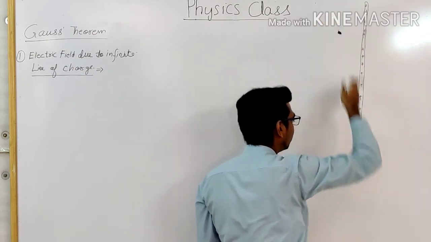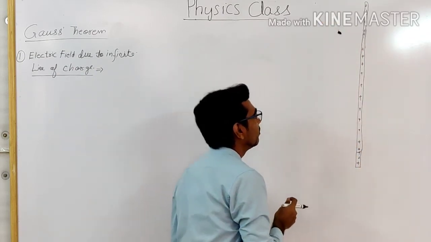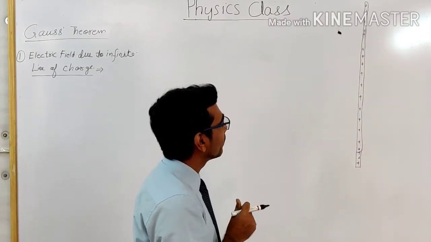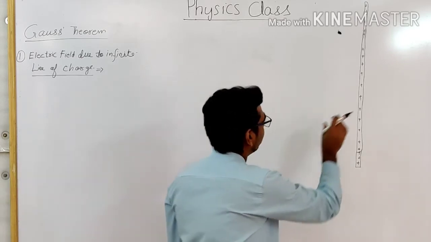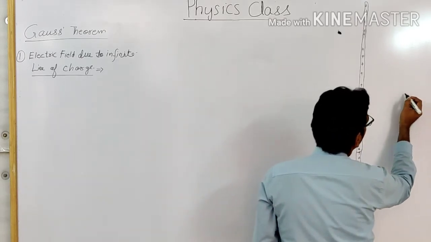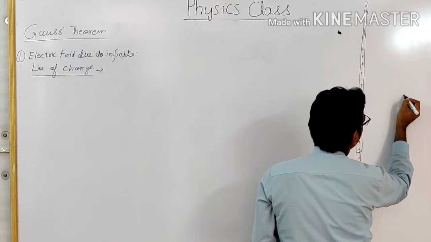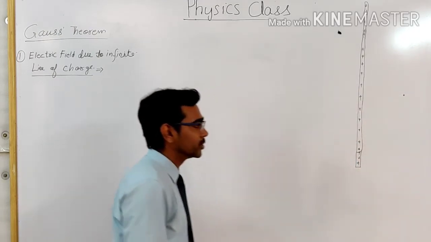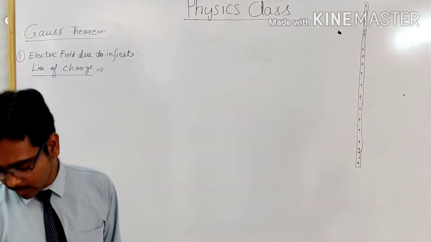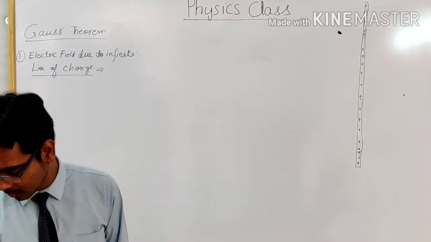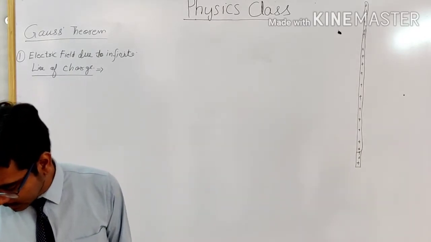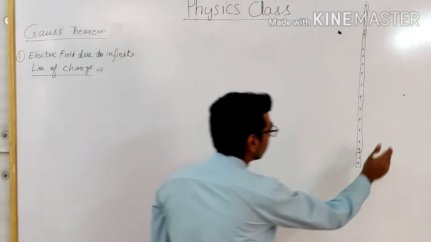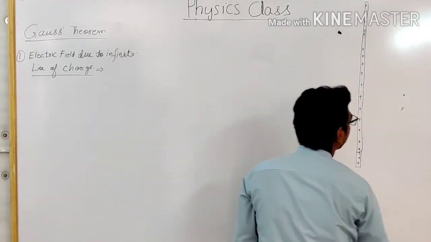It extends up and down infinitely. We want to find the electric field due to this line of charge at any point in space, say here. We want the electric field at this point due to this charge distribution. We will take the help of our Gauss theorem. Let this point be P.